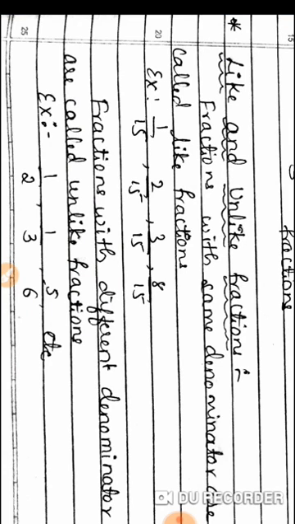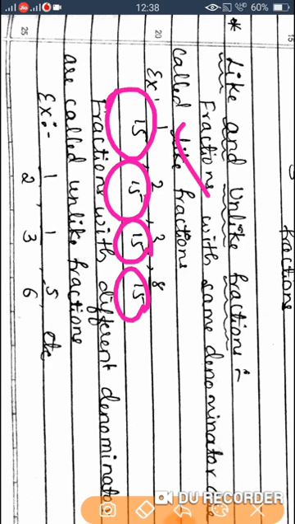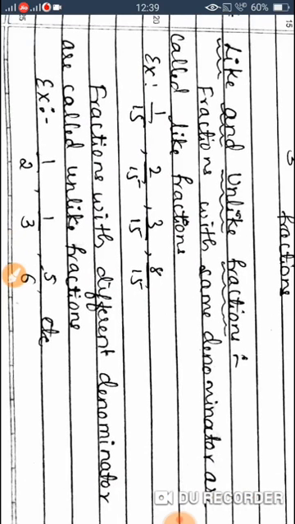Because the total number of parts in the whole should be the same. So like fractions are nothing but the fractions which have the same denominator. Whatever the numerator may be, the denominator should be the same. Those are called like fractions. If these are different, then those are unlike fractions, even though numerators are the same.